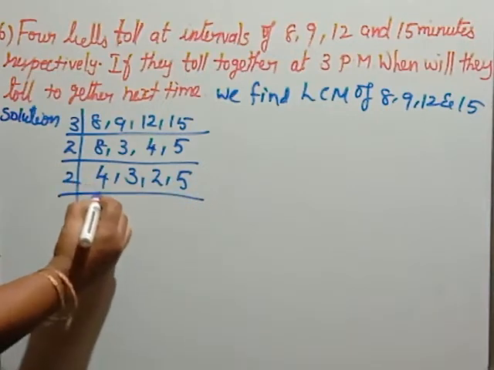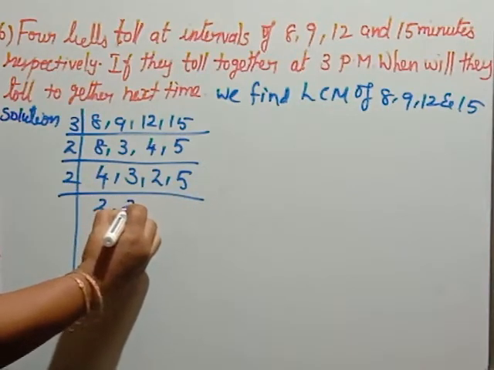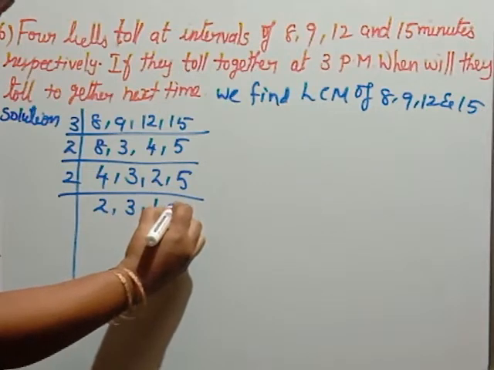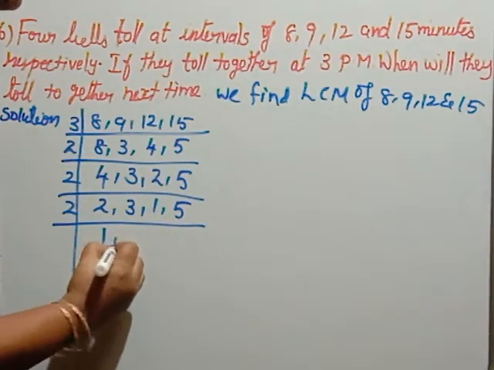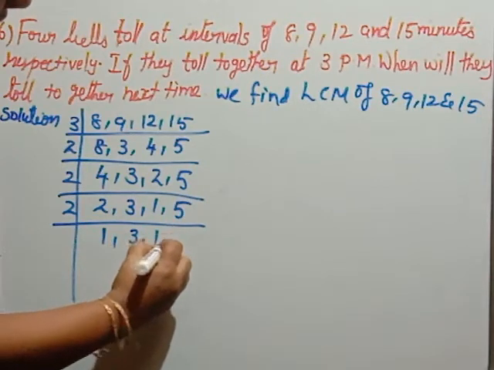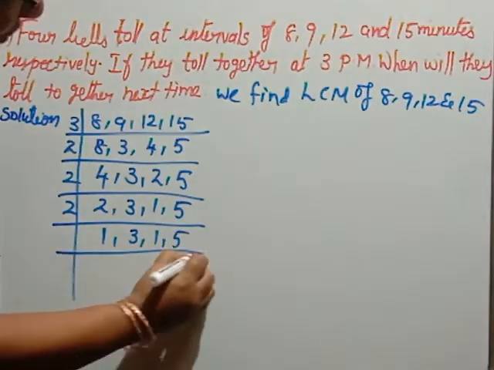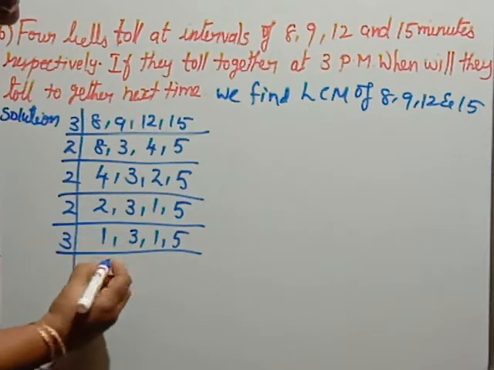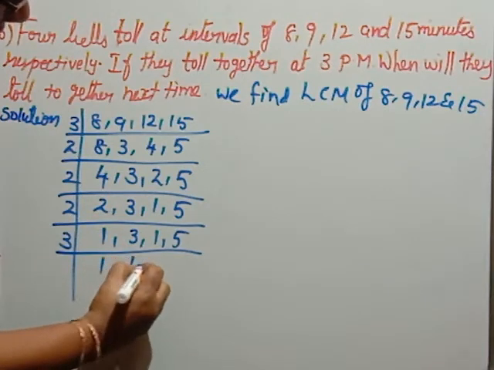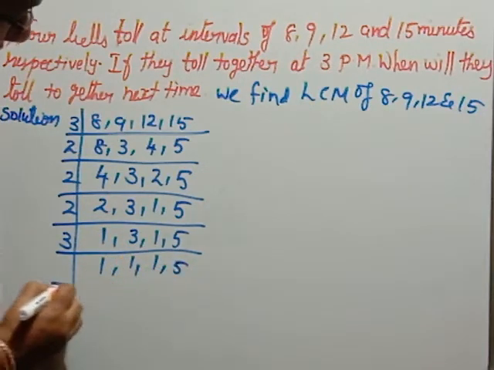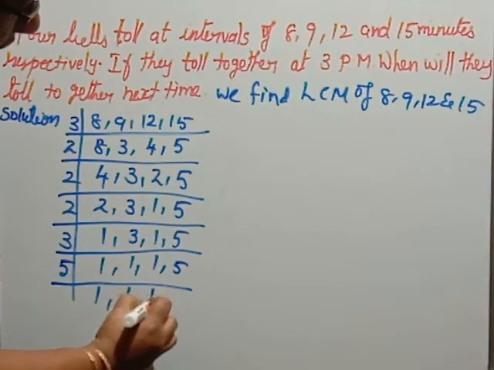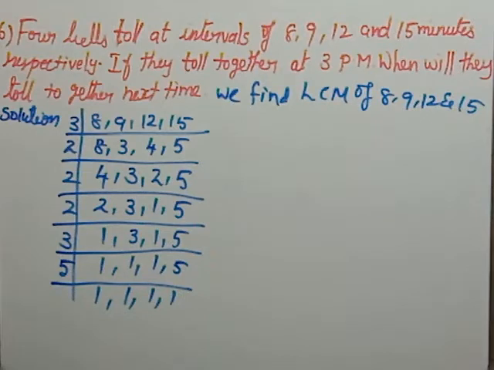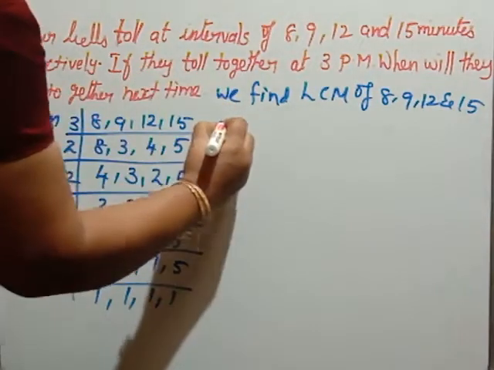Now again I'll take 2. 2 2s are 4, 3 bring as it is, 2 1s are 2, 5 bring as it is. Now again I'll take 2. 2 1s are 2, 3 bring as it is, because it's not divisible, 5 also we bring as it is. Now I'll take 3, 1 3 is 3, 1, 5. Now we'll take 5 to divide, 1, 1, 1, 1. Now we got 1 as a remainder.